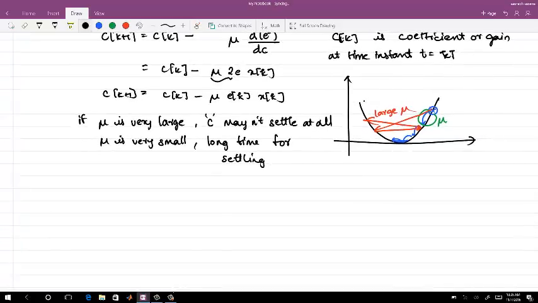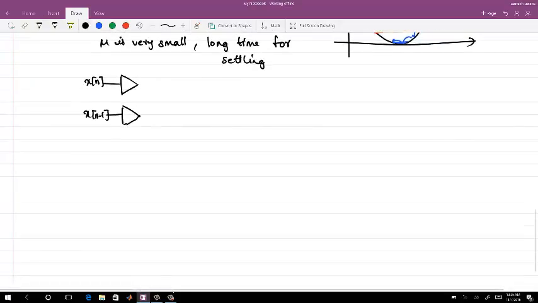Now, in an actual equalizer, what do you have? You have many taps. So let me say this is your x of n, and you have x of n minus L minus 1, let's say. These are all the blocks, and you have gains C0, C1, and C of L minus 1.